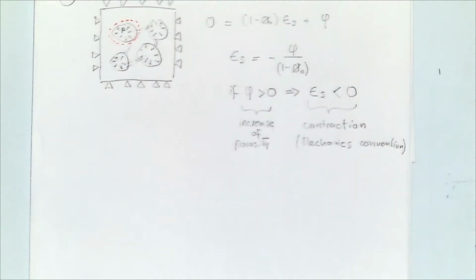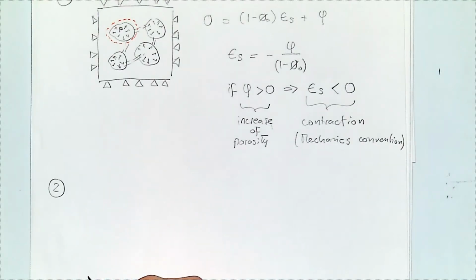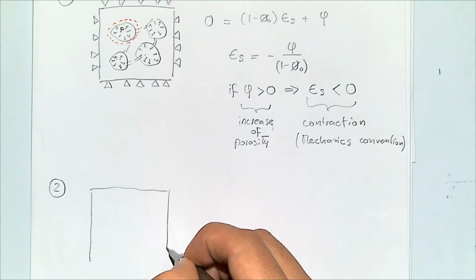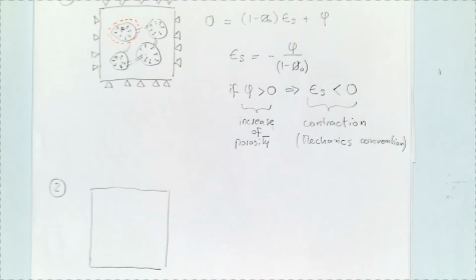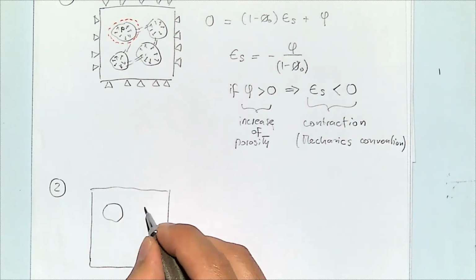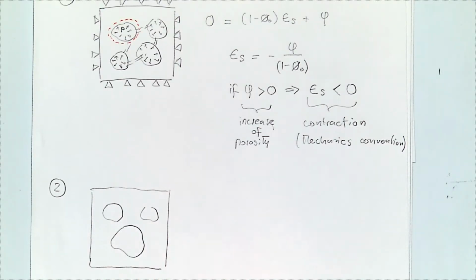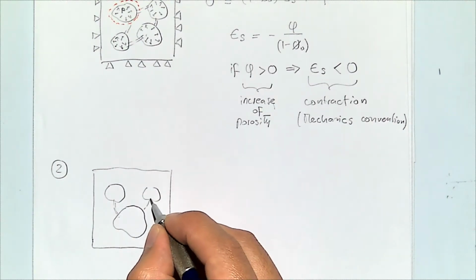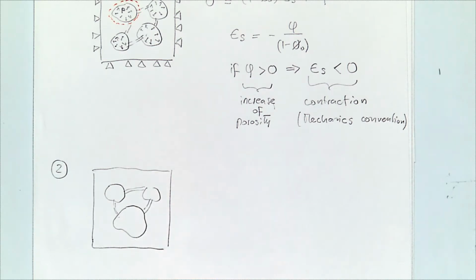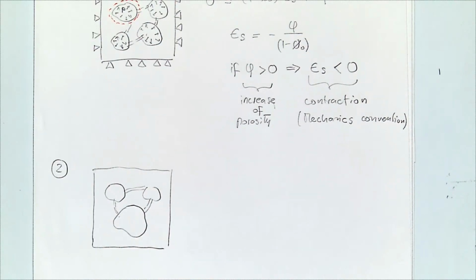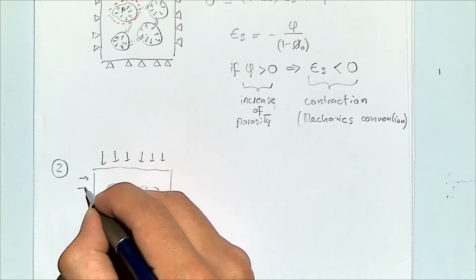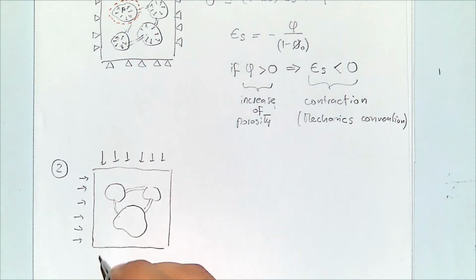Let's see another case. Let's say that I have a similar porous solid. It looks like a smiley face. I have a porous solid and I apply stresses from outside.